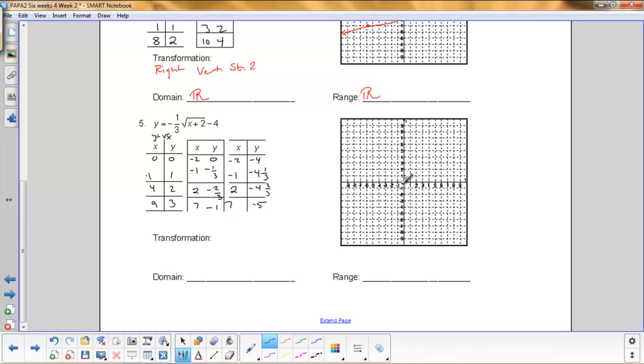Again, starting with critical values, and from there we will apply our transformations.